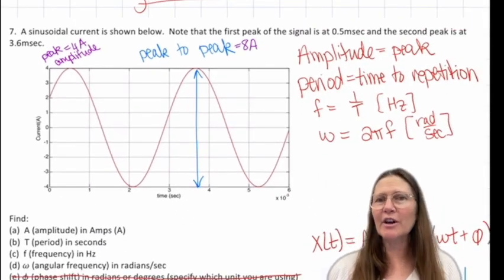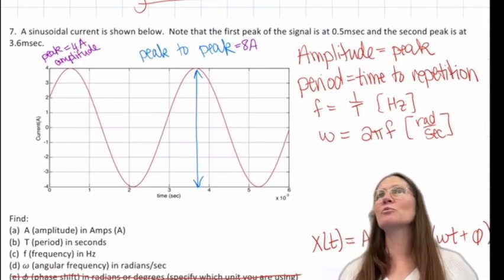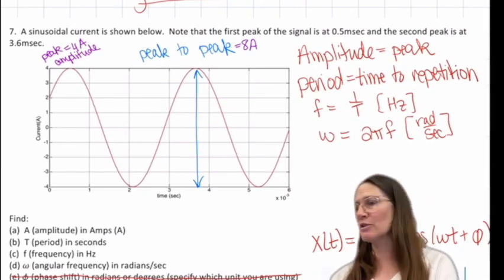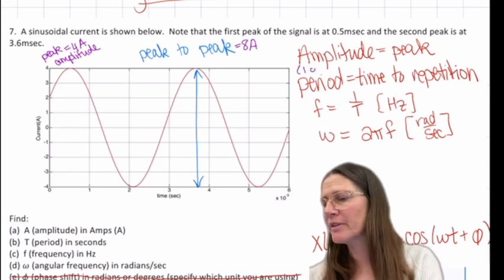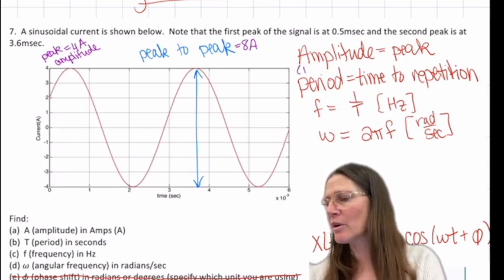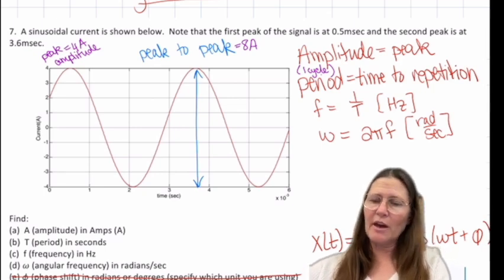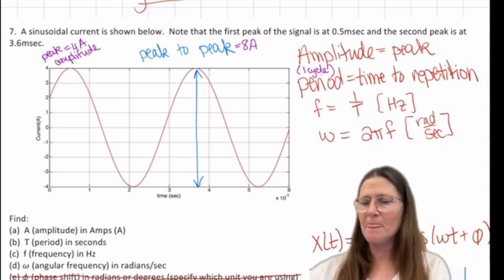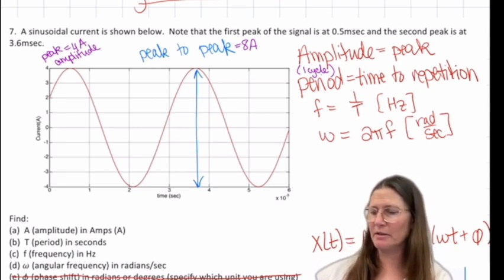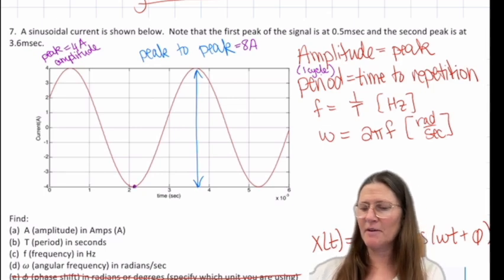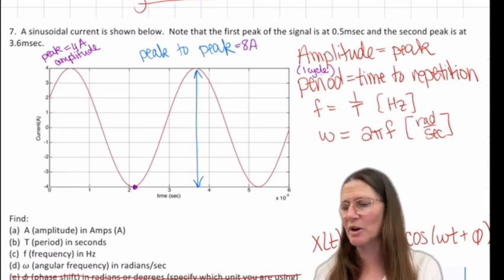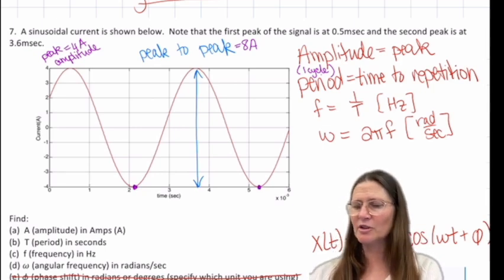Then we have a period, which is the time to when it repeats. This is considered to be 1 cycle. So a period is also considered a 1 cycle. In this one, it's kind of hard to see here, but if I'm picking one point, then I go and see where it's repeated, which looks to be about right there.